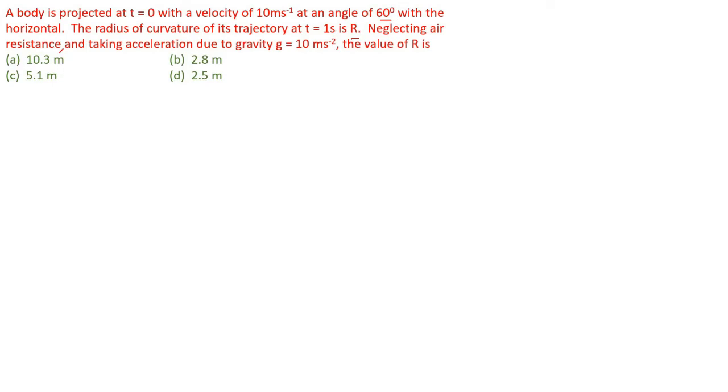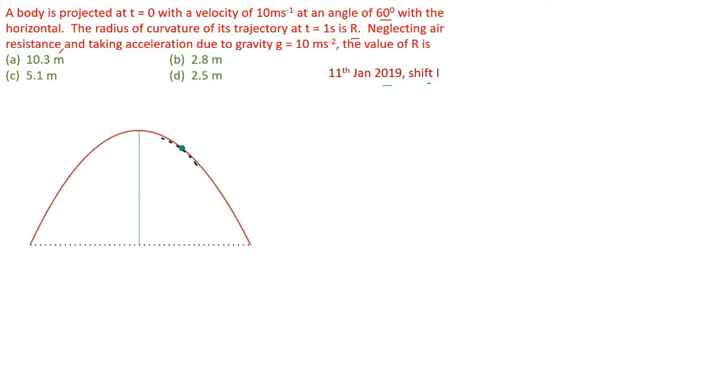First of all, we draw this diagram, and moreover this question was asked in 11th Jan 2019 JEE Mains shift 1. So this is the projectile motion, and this is the particle's position after time t equal to 1 second.